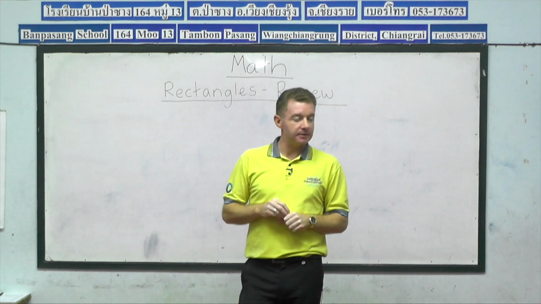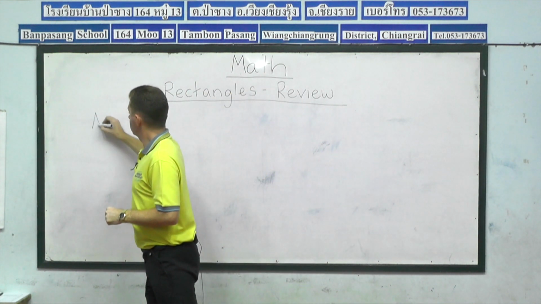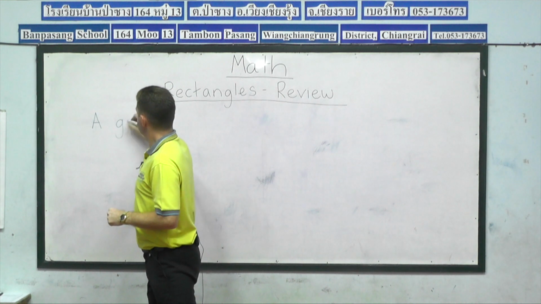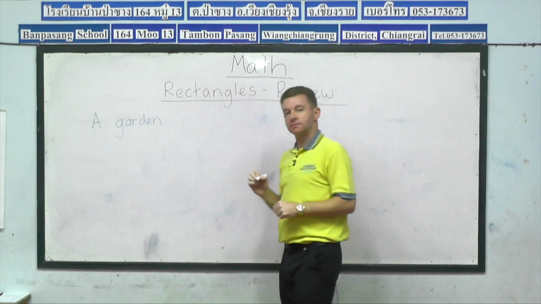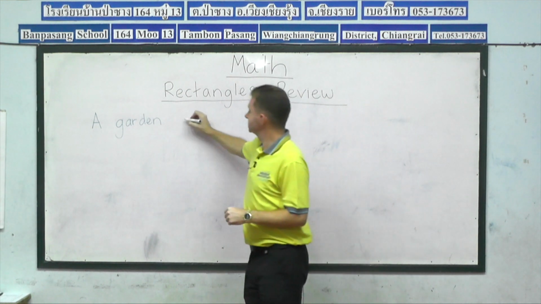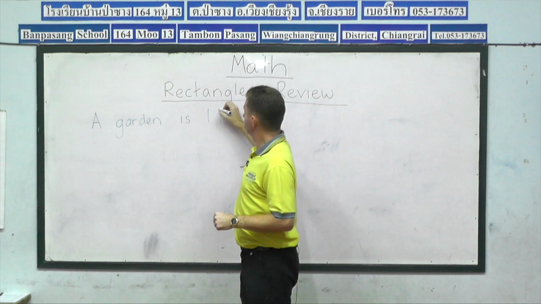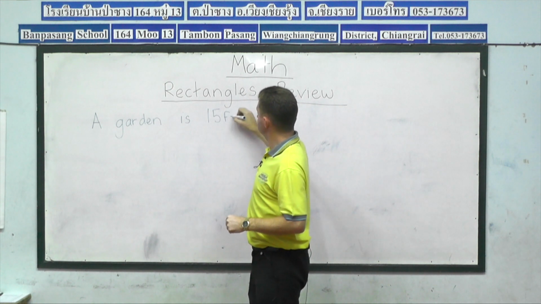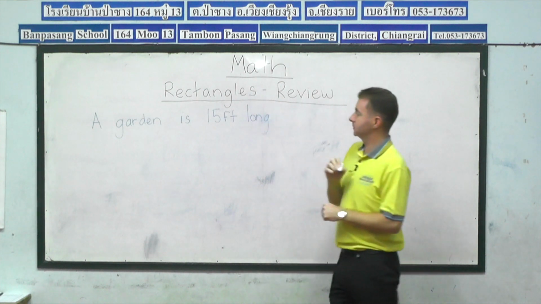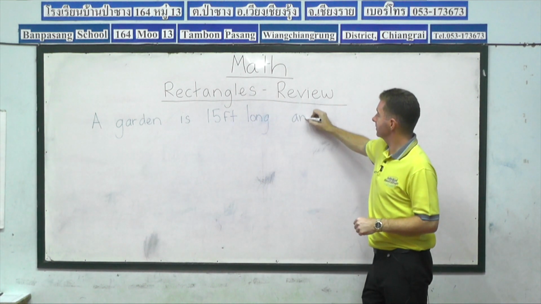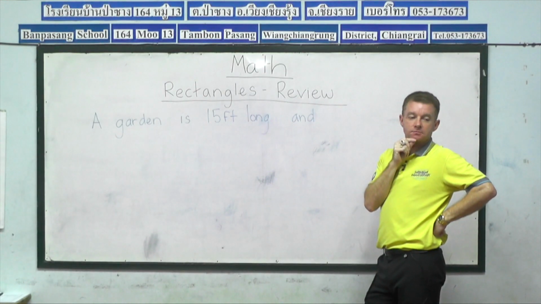So let's see, we need a word problem. A garden is 15 foot long and how many foot wide shall we say, guys?